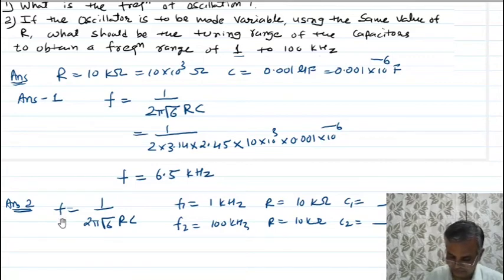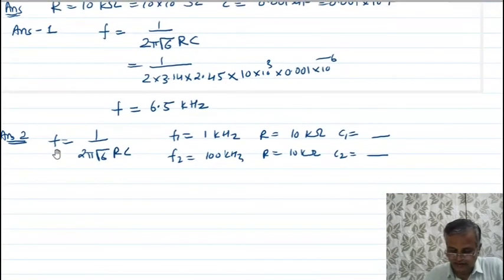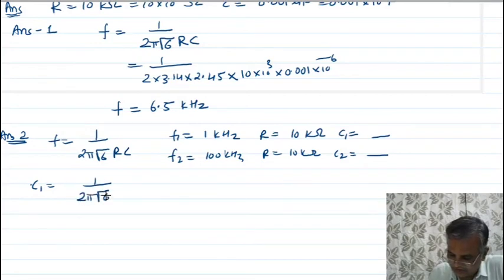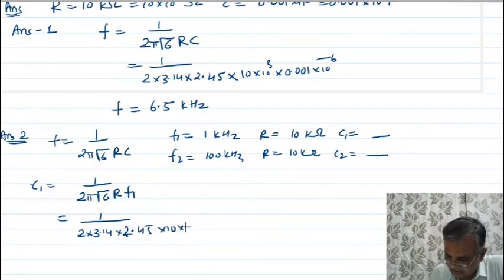So let me write now. C1 is equal to 1 upon 2 pi root 6 R into F1. So I am putting 1 upon 2 into 3.14 into 2.45 into 10 into 10 raised to 3. Frequency is 1 kilohertz, which is nothing but 10 raised to 3.